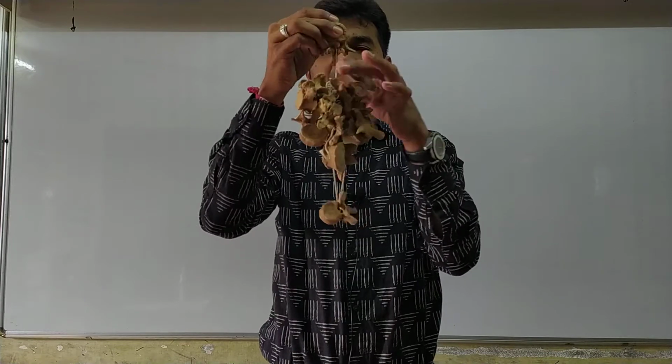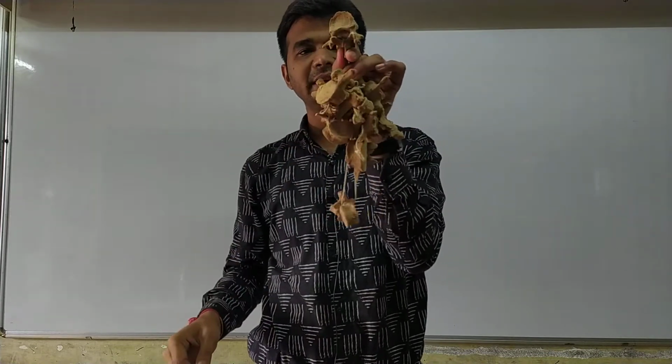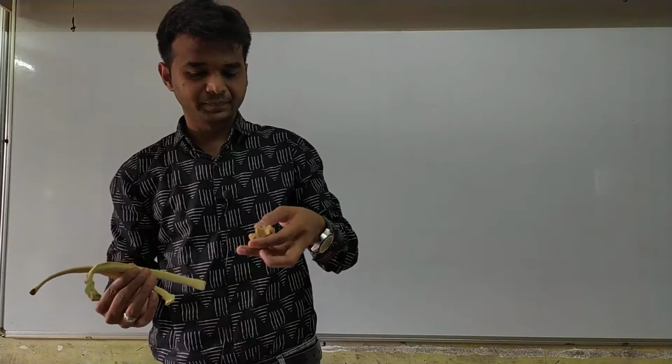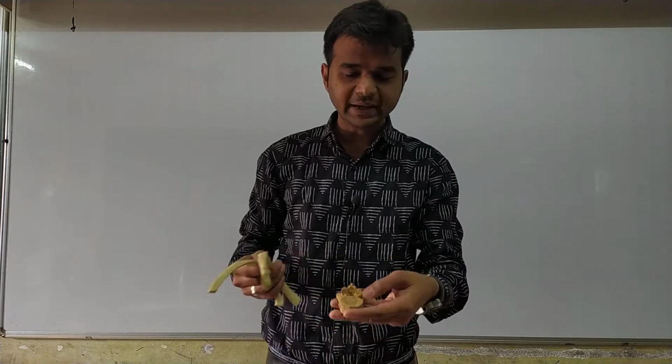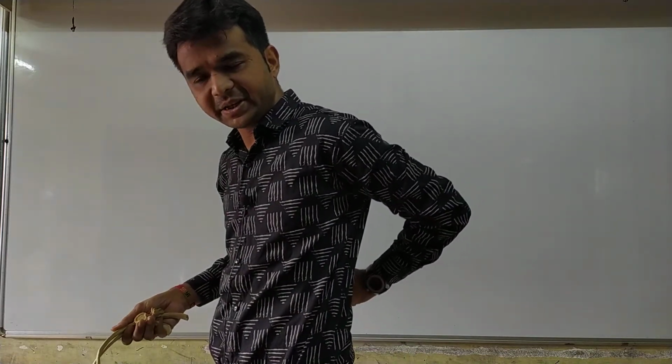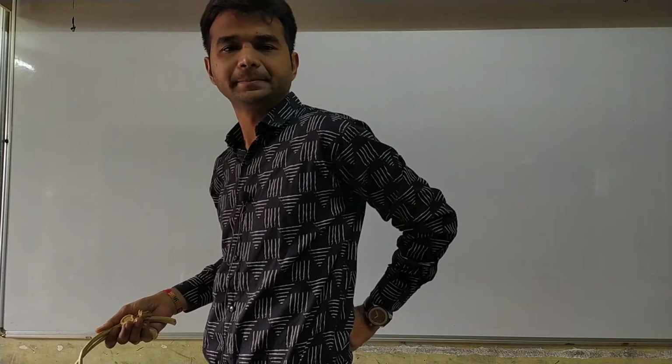And here in the vertebra you see that two transverse processes are there. So one vertebra I will show you. Just here the vertebral body is inside, and from the back side we palpate each and every vertebra one by one.